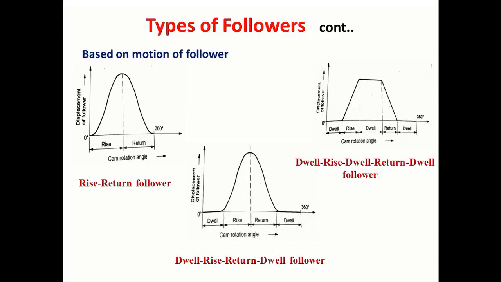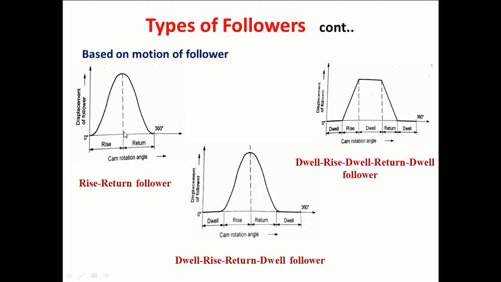Then based on the type of motion the follower is having, there are different types of followers. For example, these are the displacement diagrams of the follower. We will come to know what we mean by displacement diagram while solving the numericals. So this is rise return type of follower.